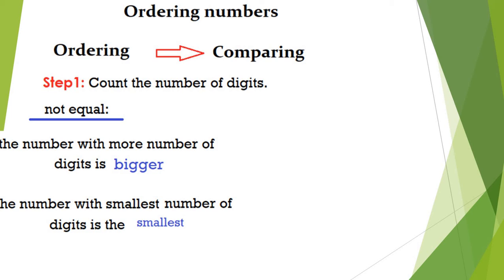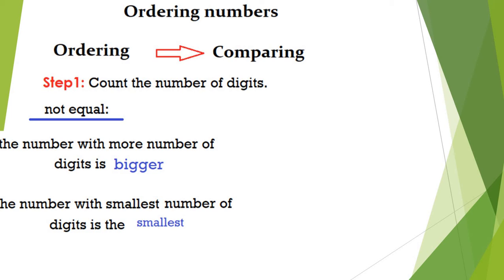So no need to compare the places or the digits themselves. You need just to count the number of places. Perfect. So this is the first step. If they are not equal, that will make our work easy.